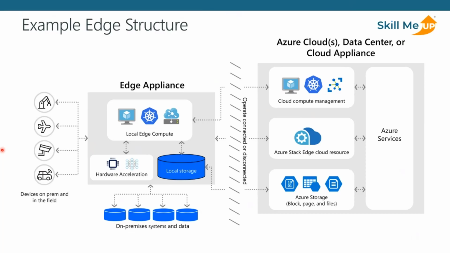But those factories sometimes are not in the best of environments for communications. So you can deploy just a small edge appliance there to gather and collect all that data, and it can make sure that it gets communicated to the cloud as it's available. So if you have a limited bandwidth, it can make sure that the data that's needed is coming across. And you're not having to worry about getting all that up to a cloud compute environment.